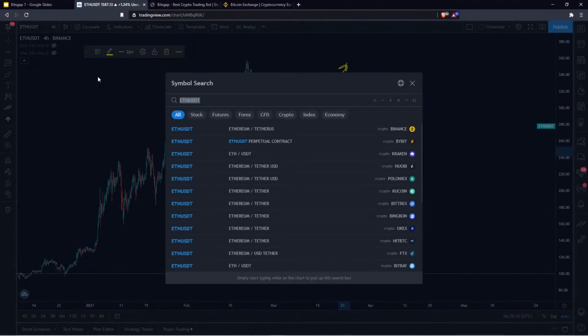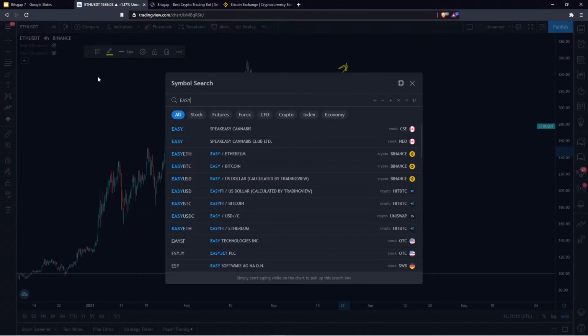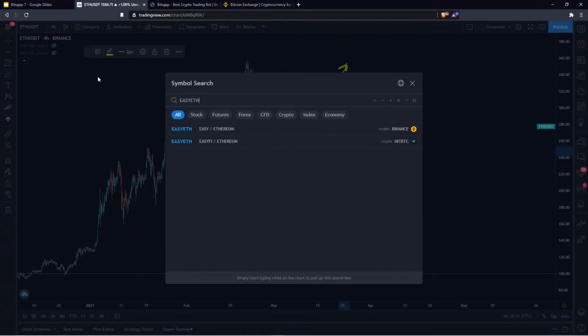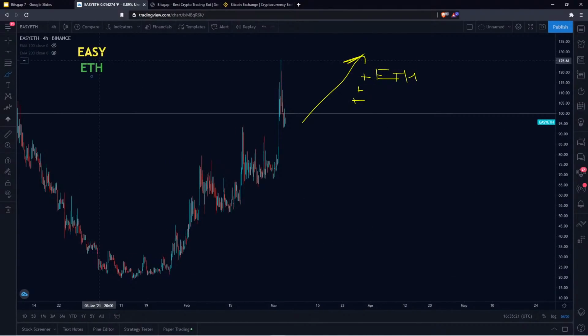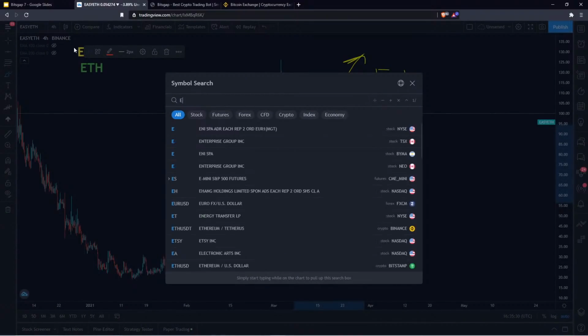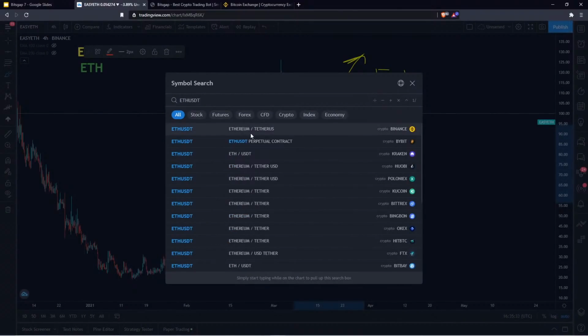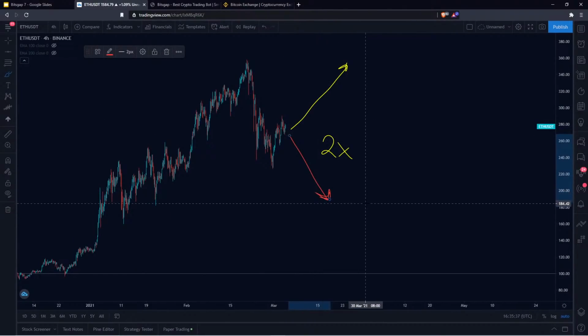So you are basically exposed to the volatility of two currencies, which is EOS and Ethereum. If the value of EOS relative to Ethereum falls, let's make it red, and at the same time the value of Ethereum relative to USDT falls, your risk multiplier here is 2x.